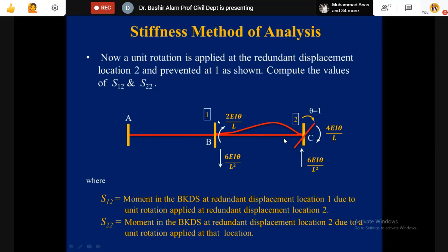Now, calculation of the stiffness coefficients. This is stiffness at 1 due to 2, so it will become S12, and its magnitude will be 2EI theta divided by L plus 0. From BA, it is getting 0.